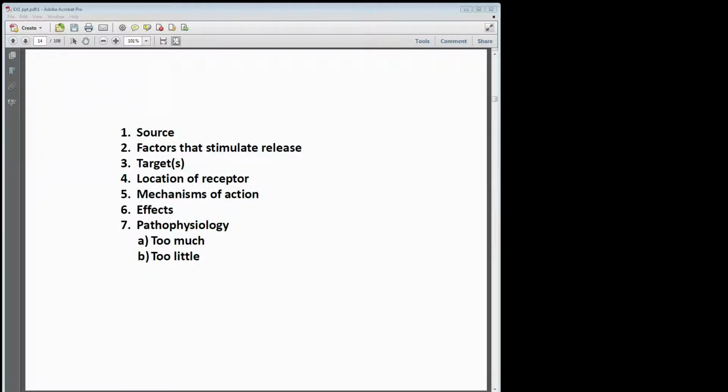The thyrotrophs, hence the reason why I covered the thyroid section, are the thyroid stimulating hormone producing cells. These are the ones that produce the TSH that stimulates the thyroid.